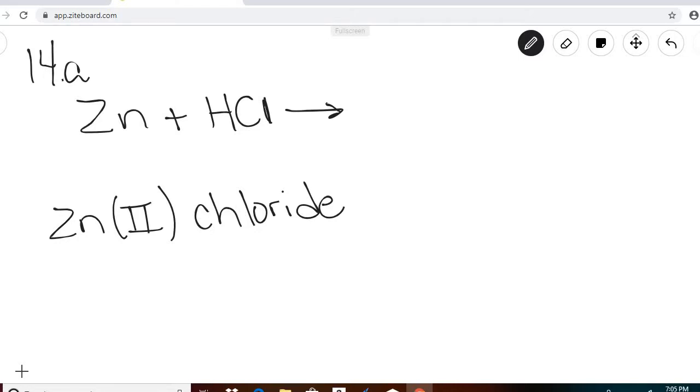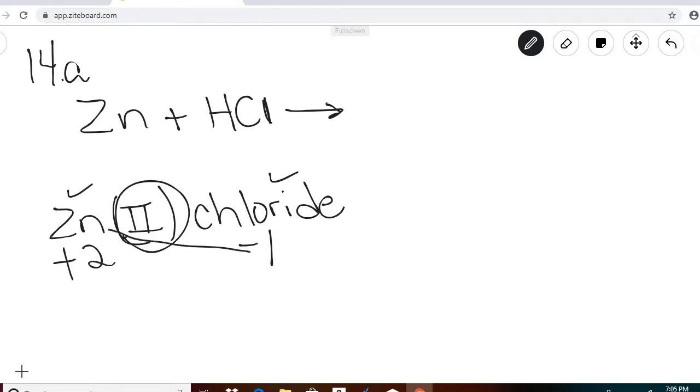So this zinc is a transition metal, so it can have different charges on it. So this is telling us that its charge is +2. And then if we look at chloride, it is in group 7A on the periodic chart, so its charge is -1. And this is an ionic compound. It's a metal and a non-metal. So with ionic compounds, we switch the charges.